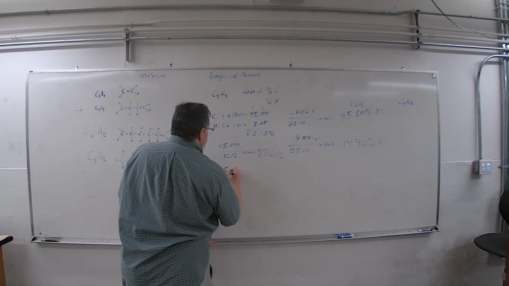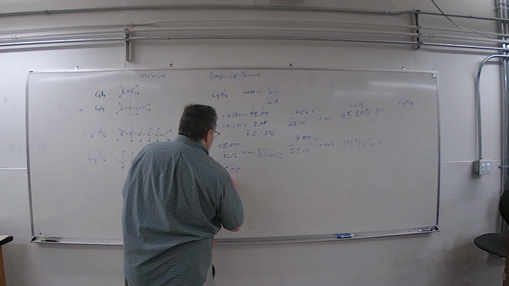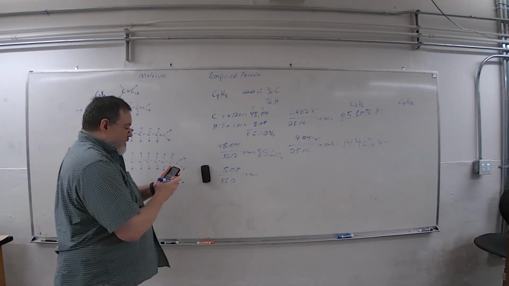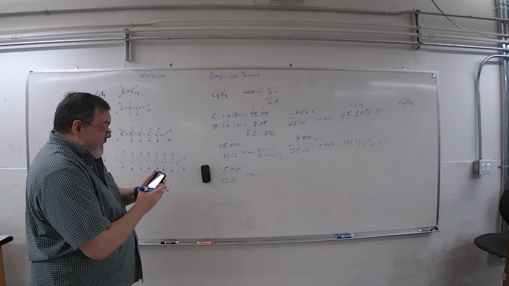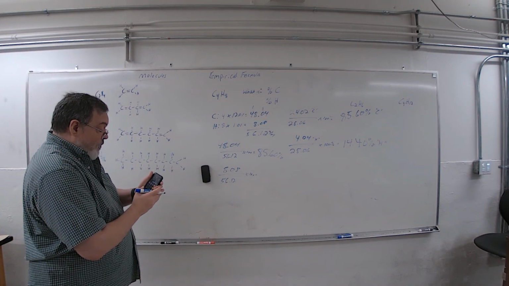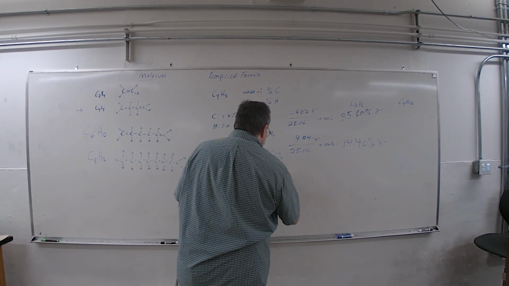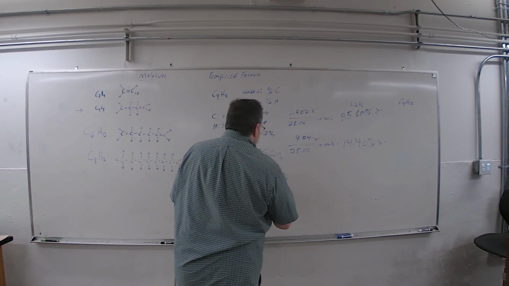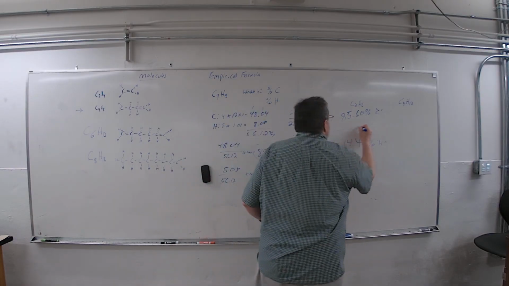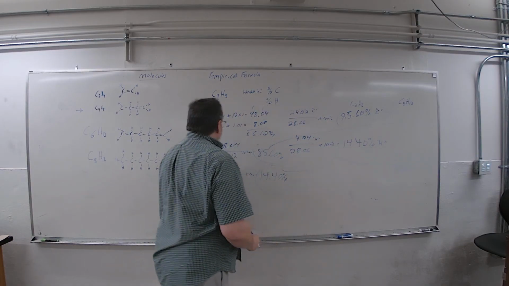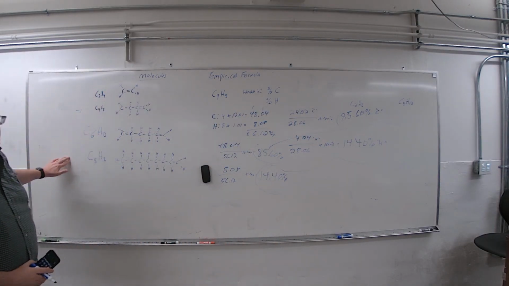Hydrogen, 8.08 divided by 56.12. We get 85.60, 85.60, 14.40, 14.40. And that would continue for all of these.